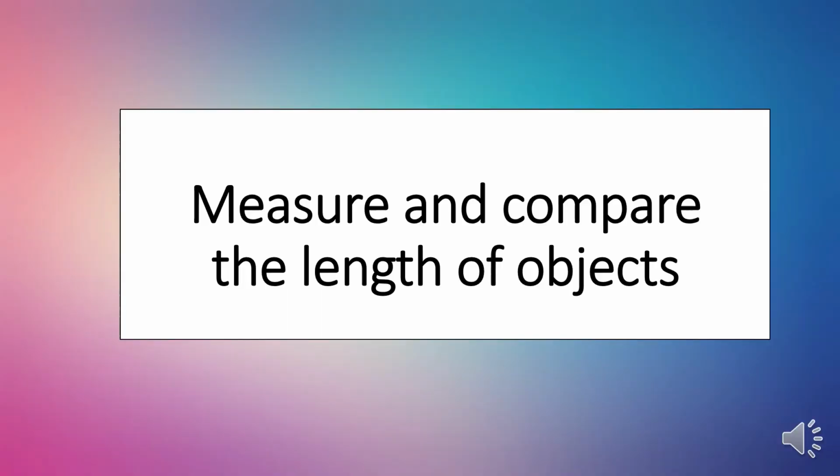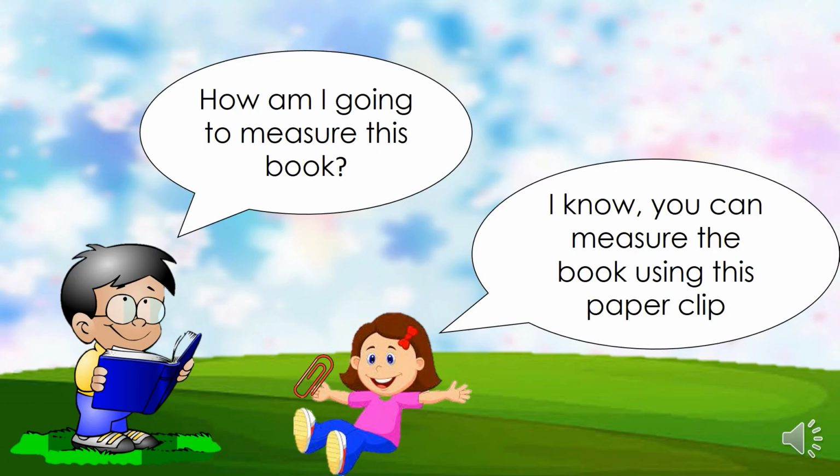Now we will try to measure and compare the length of an object. How am I going to measure this book? I know. You can measure the book using this paper clip. Let us take a look.